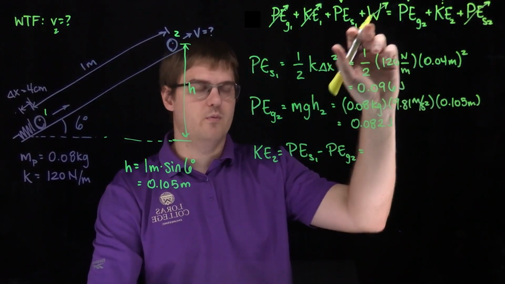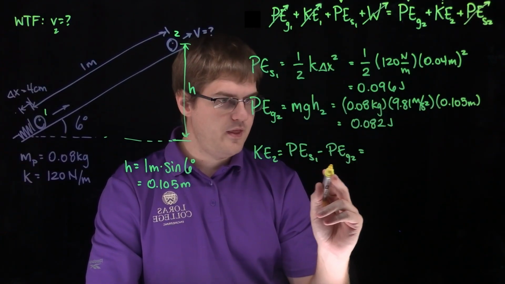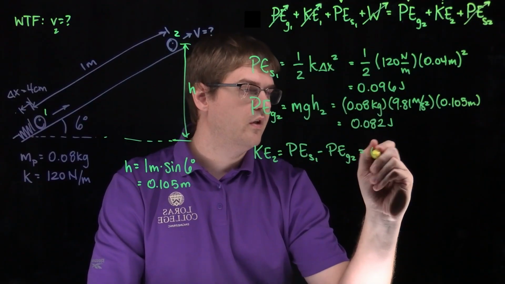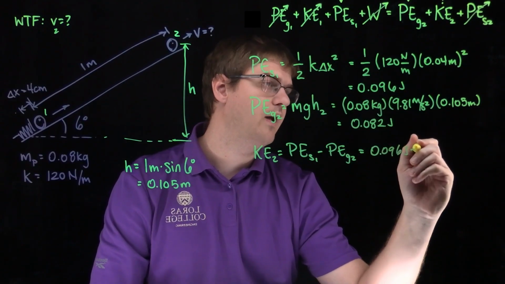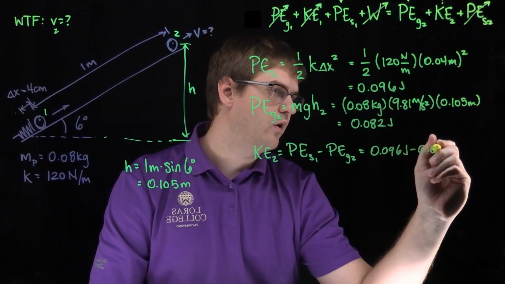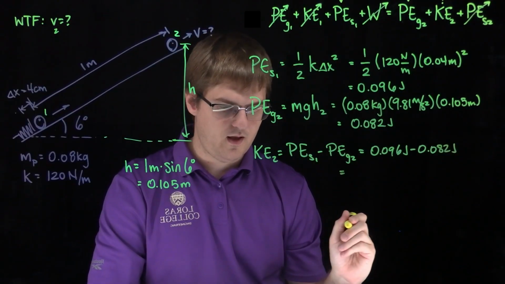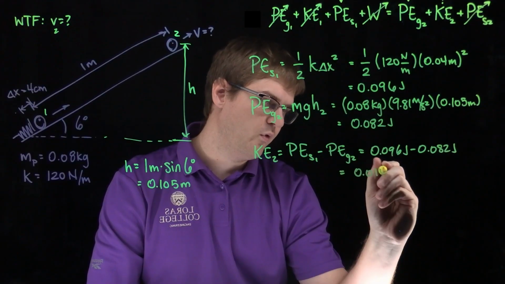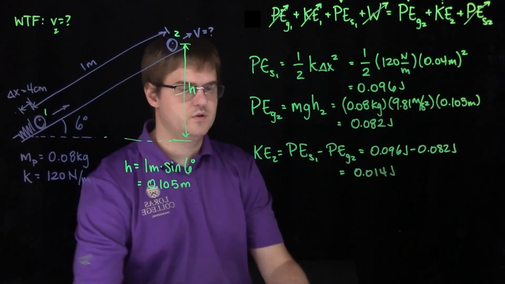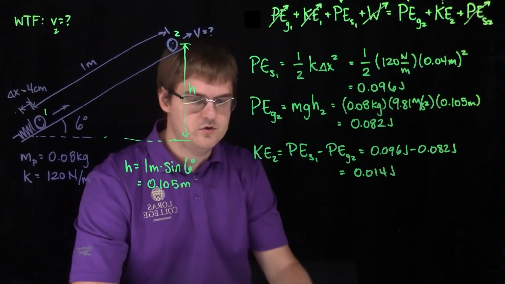Otherwise, we would have a work done by friction there. This guy is 0.096 joules minus 0.082 joules, which gives me a kinetic energy of 0.014 joules.